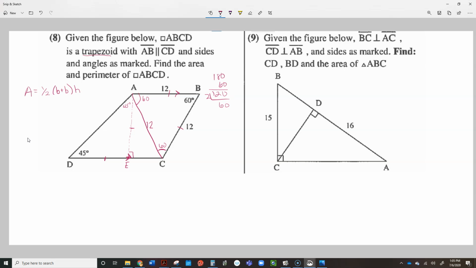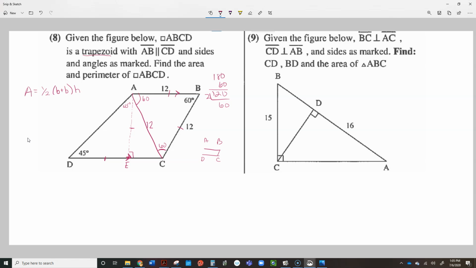That's helpful because we know now that we have a right triangle right here. And I believe we're going to be able to show that this angle right here is 60. There's a couple of ways we can do that. We originally had, here's AB and DC, and they were cut by this transversal right here.